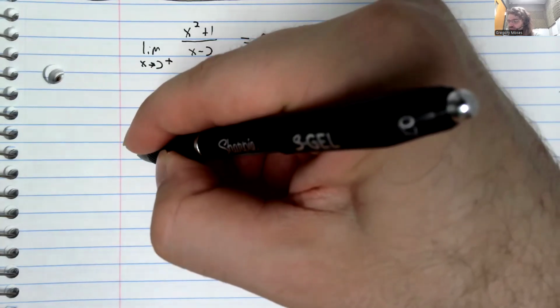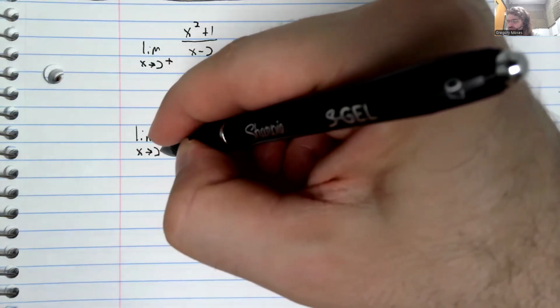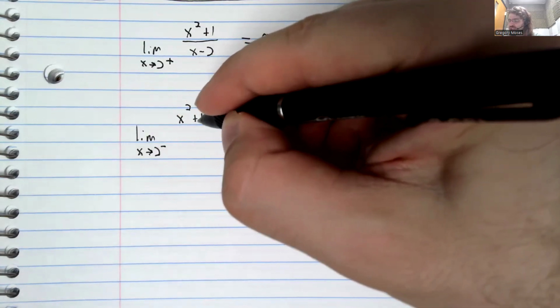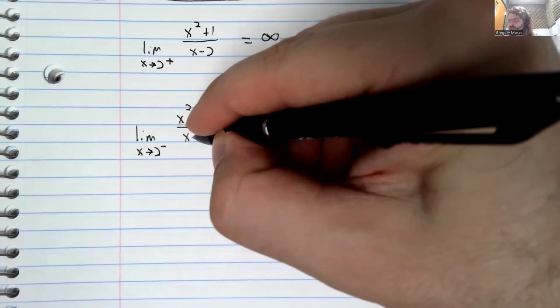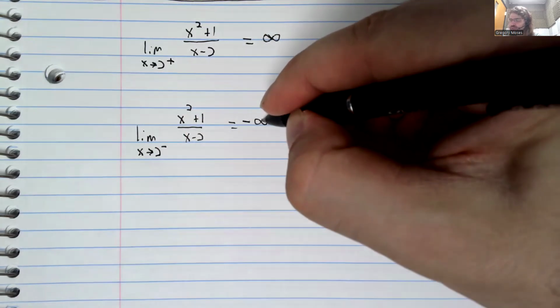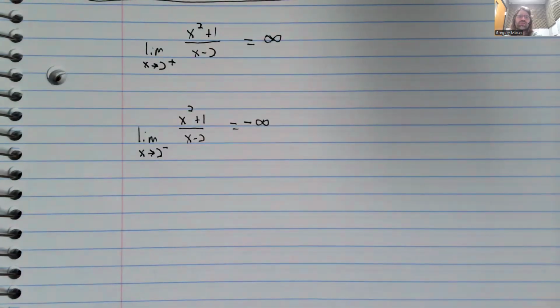The limit as x approaches 2 from the left of this expression is negative infinity.